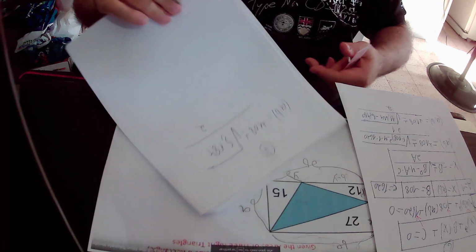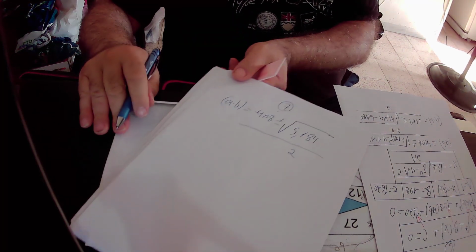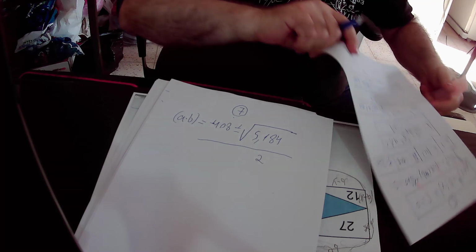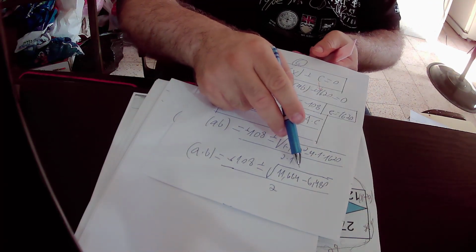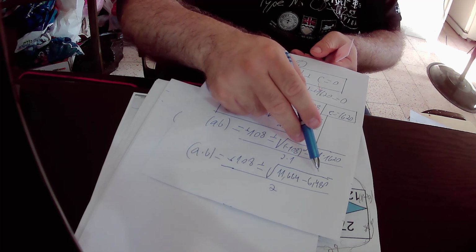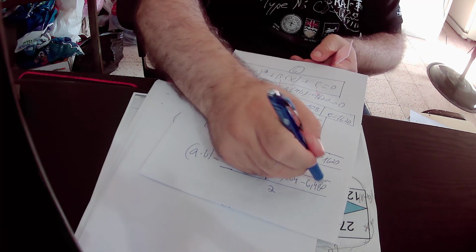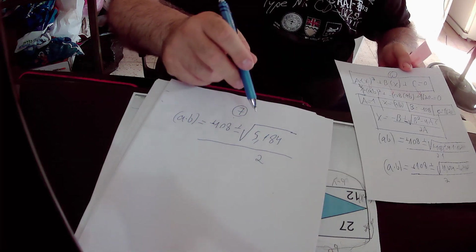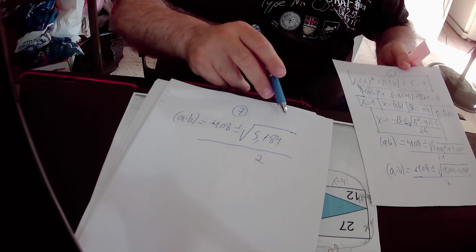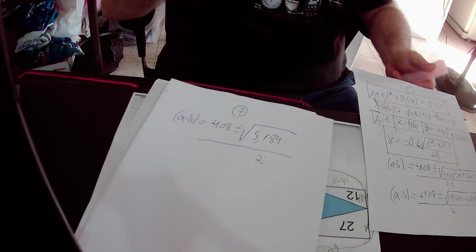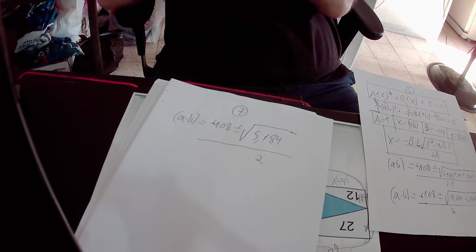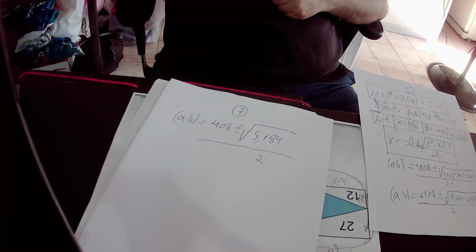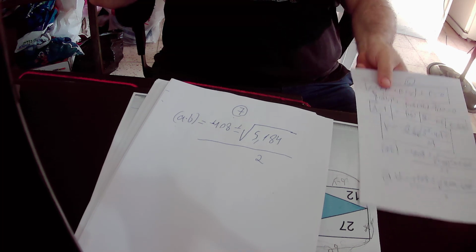I repeat again, 11,664 minus 6,480 equals 5,184, divided by 2, and the root of 5,184 is 72.